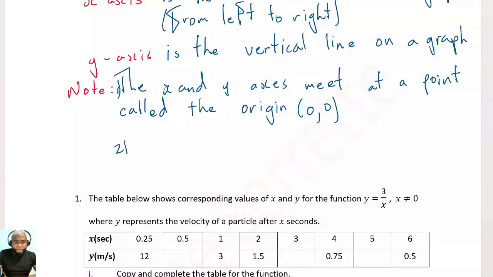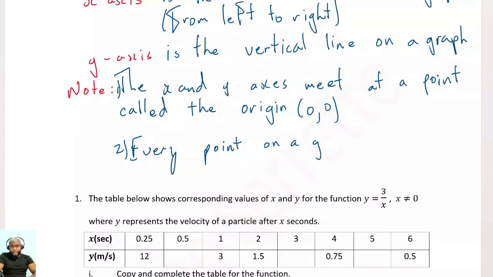So every point on a graph is written as a coordinate.